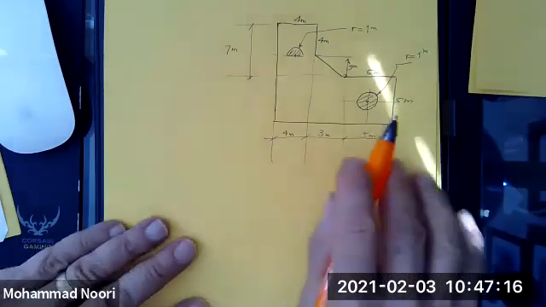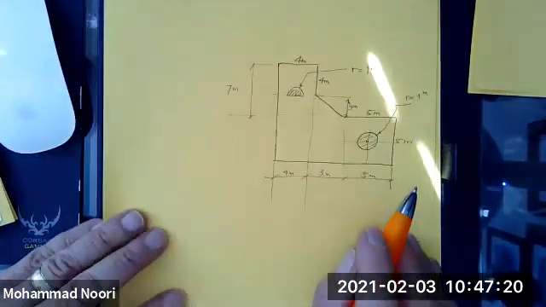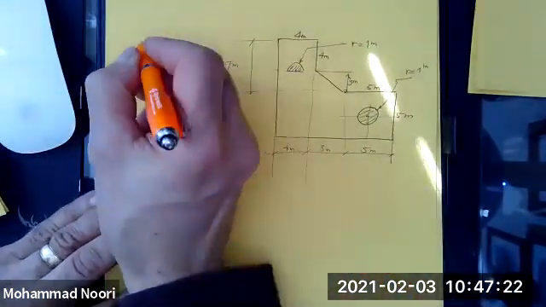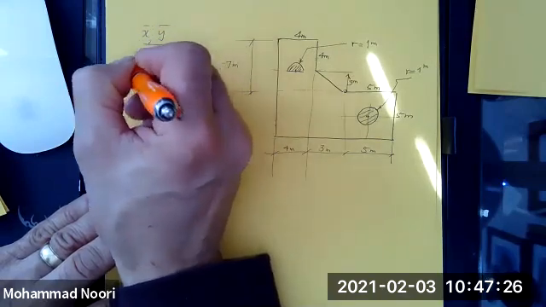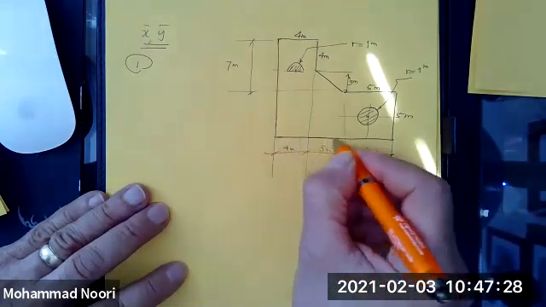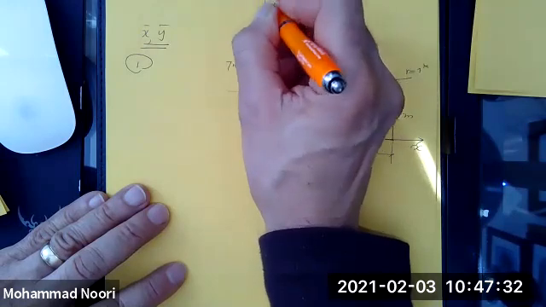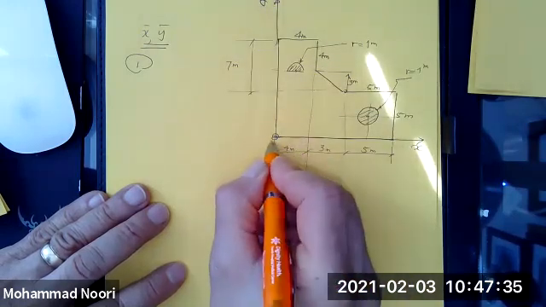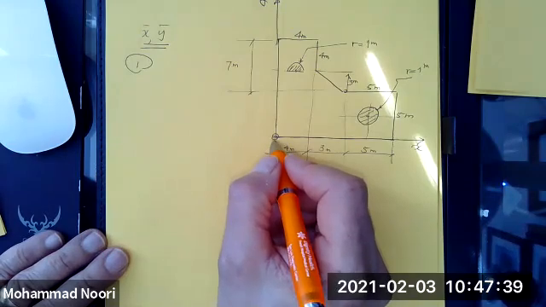I have a shape like this, and I want to find its centroid again. So you want to find X bar and Y bar. Step 1, set up an XY axis such that the origin is at the lowest bottom left corner of the shape.